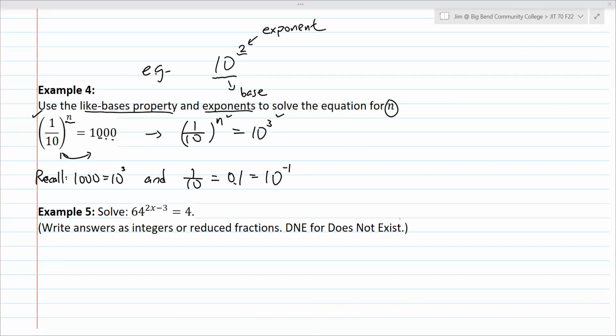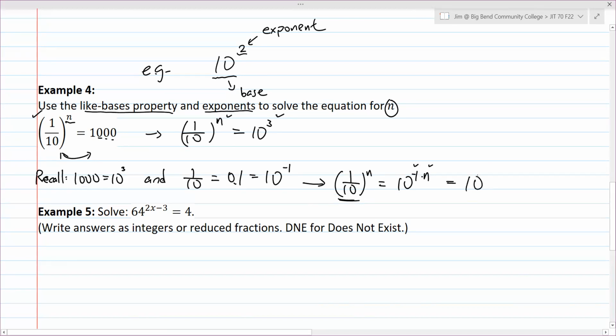All right. So if that works, then that means (1/10) to the n equals 10 to the -1 times n, because you're turning the base into 10 to the -1, and then just multiplying the power of -1 by n, and that's how you turn this fraction into 10 to the -n. And why are we doing this?